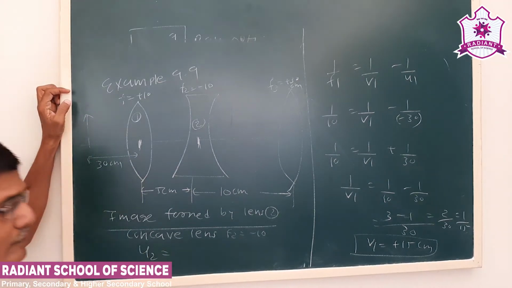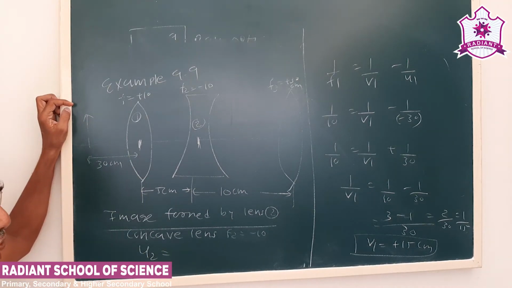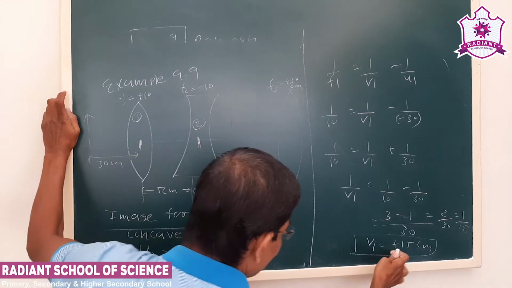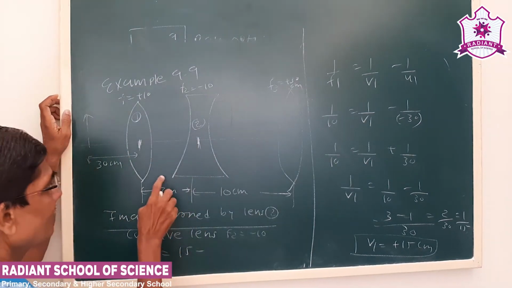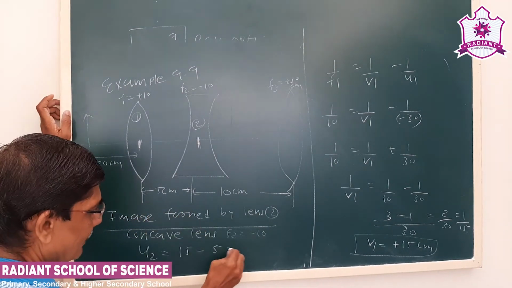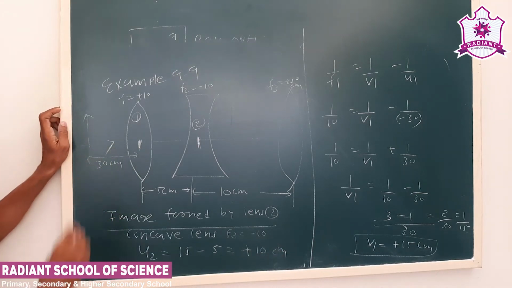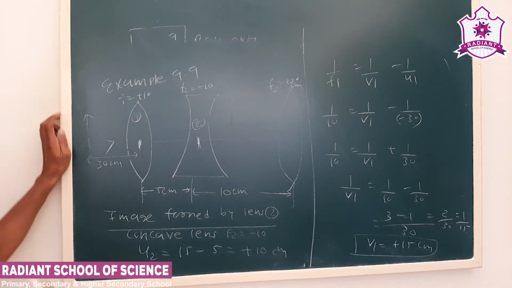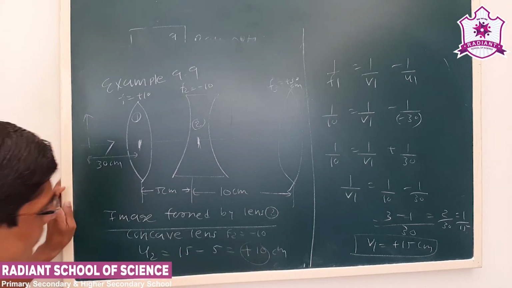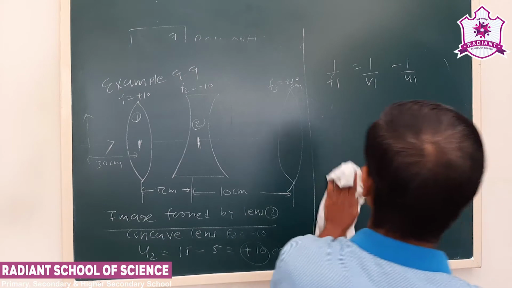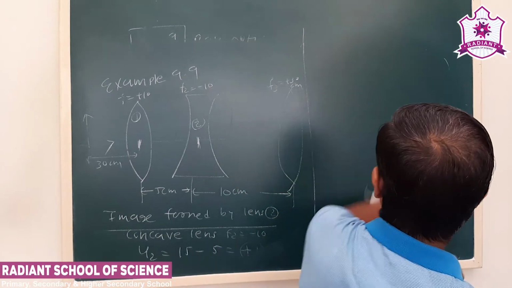To calculate the object distance for lens 2, we have to subtract the distance between lens 1 and 2, that is 5 centimeter, from v1. And this distance is in the direction of the incident ray, so that's why we take u2 as positive.